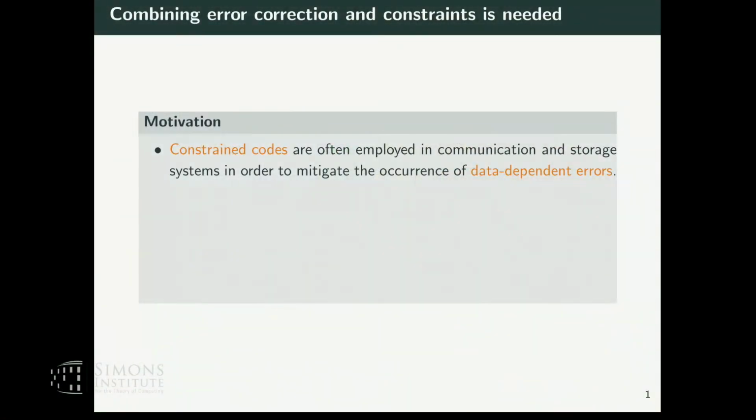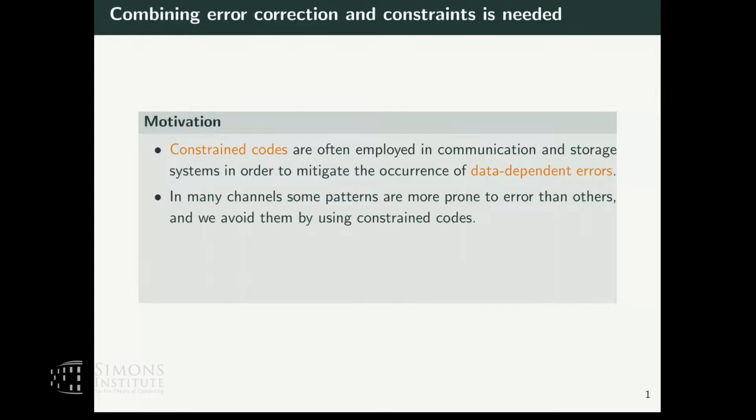So constraint codes are often used both in storage and in communication systems, mainly to mitigate noise that occurs due to data-dependent issues. In some cases, you have certain patterns or subsequences that are either offensive, hard to read, hard to synthesize, cause some faults in the detectors, and so on.